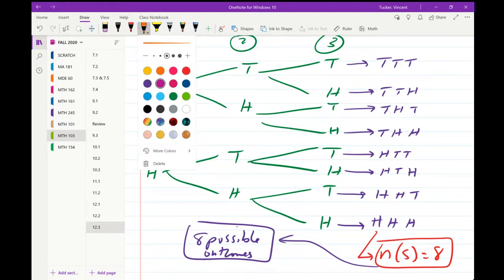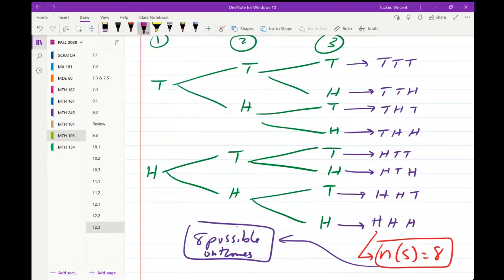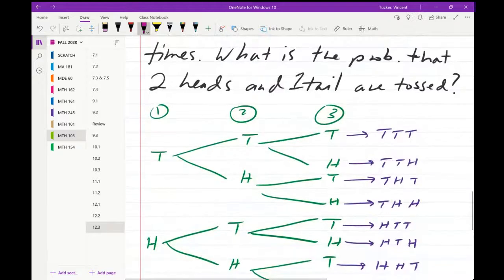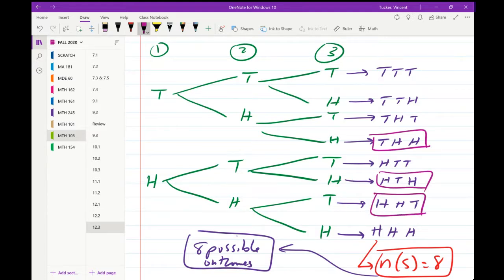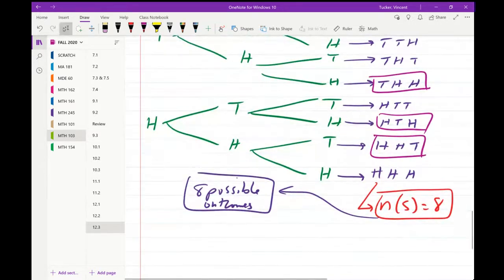All right. So our event was 2 heads and 1 tail. So that happens here. In fact, I'll just box them in. Having 3 different spots, 2 heads and 1 tail. So the number of outcomes in our event is 3.